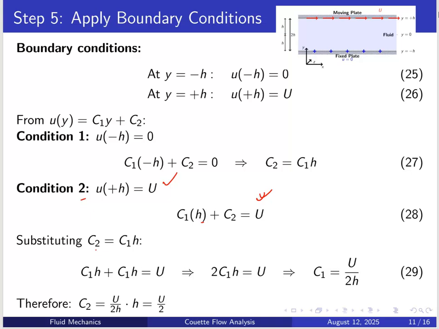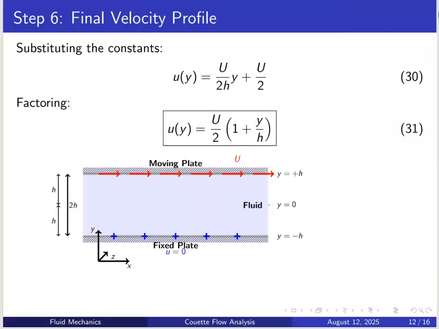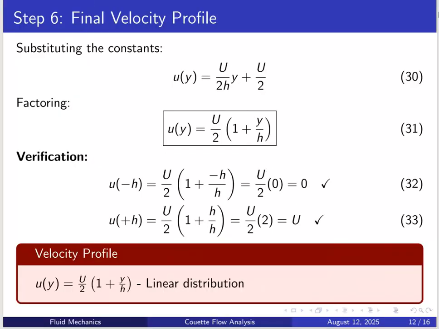If I plug that in, we get 2 c1 h equal to U. So c1 will be U by 2h, and c2 will be U by 2h times h, which is U by 2. Now we plug in c1 and c2. Finally, we get u(y) equal to U/2 times (1 plus y/h). So this is the linear distribution of the velocity profile.